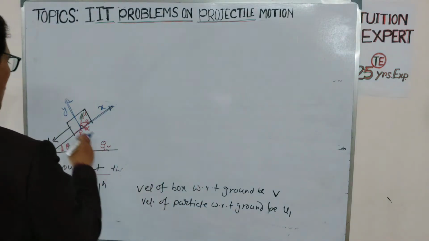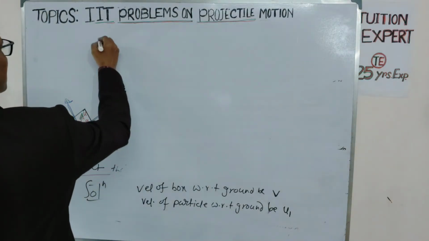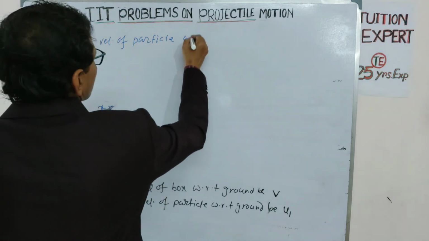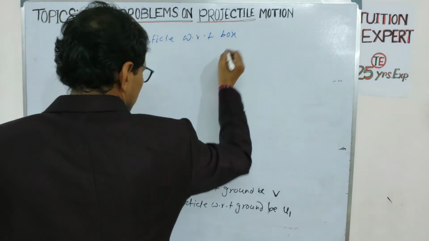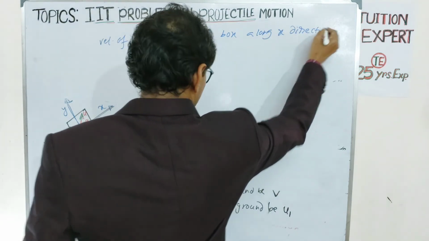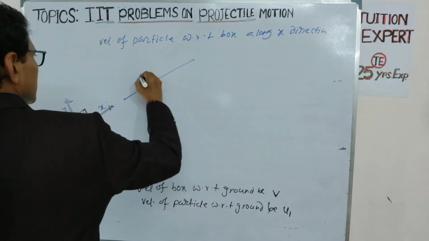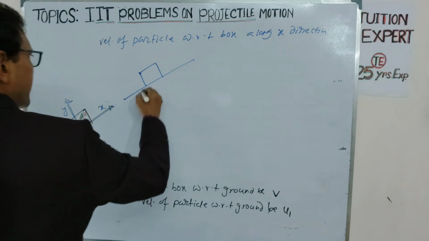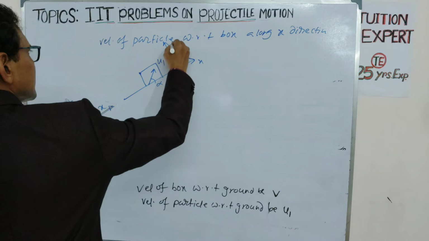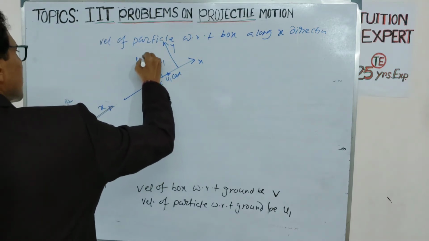What is the velocity of the particle with respect to the box? So the velocity of the particle with respect to the box along the x direction will be, suppose this is u1 and alpha, so this is x and this is y, this component will be u1 cos alpha and this is u1 sin alpha.